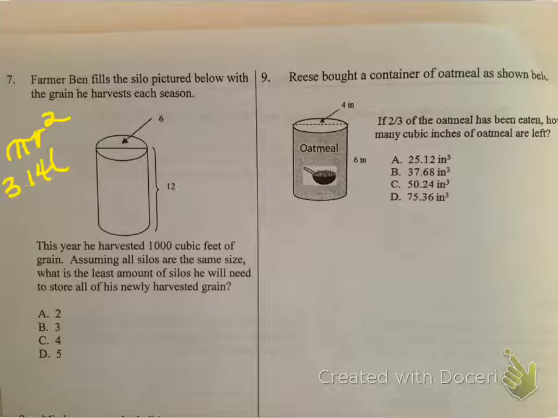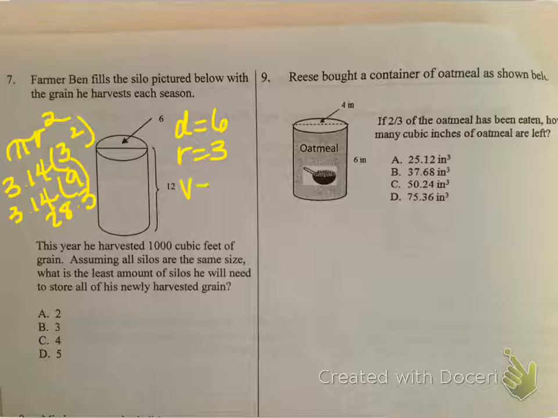Radius squared is 3 because the diameter is 6, so the radius is 3 squared. Okay, so 3.14, 3 times 3 is 9, and when we multiply that out we get 28.3.